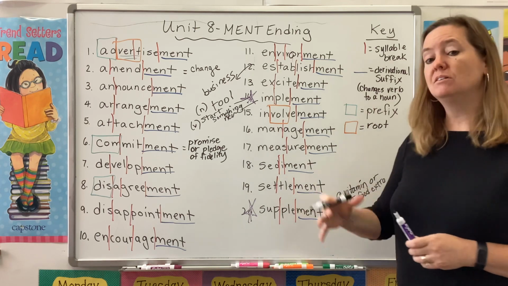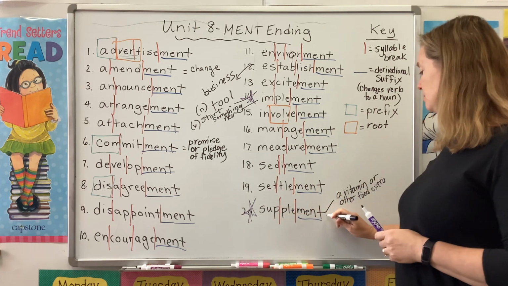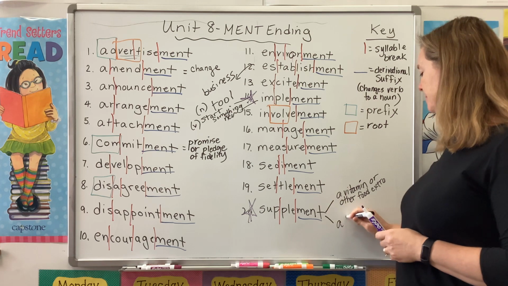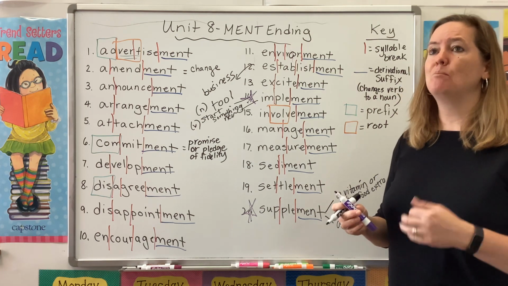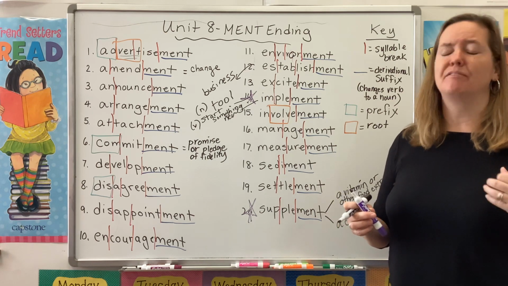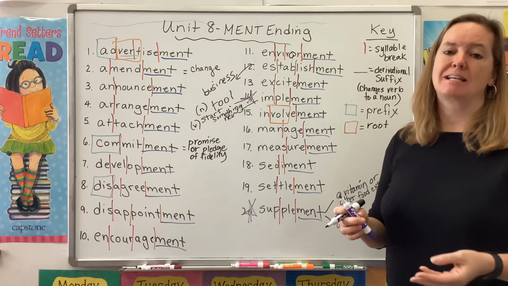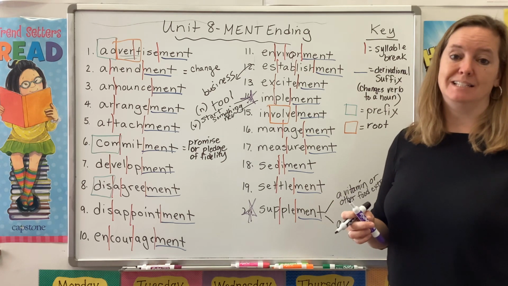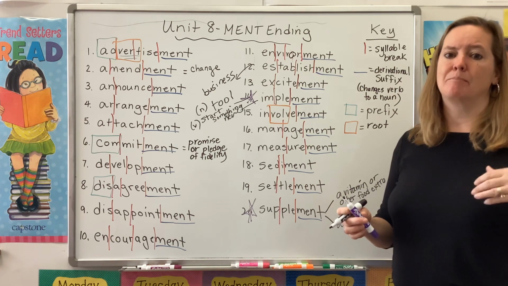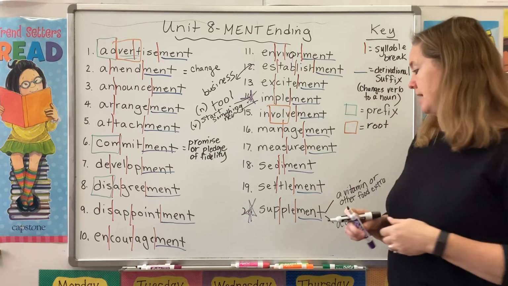But you can also supplement things. You can use it as a verb, which means add stuff, right? So if I'm worried that I'm not getting enough vitamin C in my diet, I might supplement with vitamin C tablets, or I might supplement by eating an orange each day.